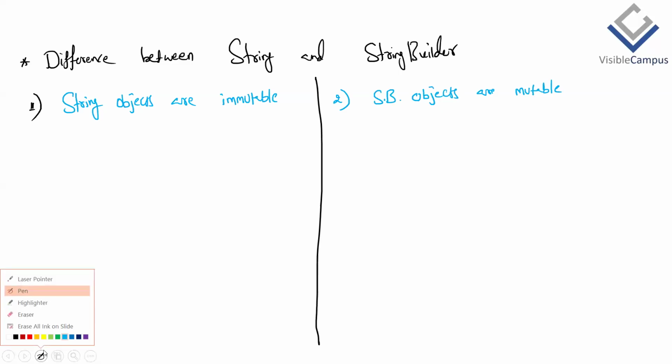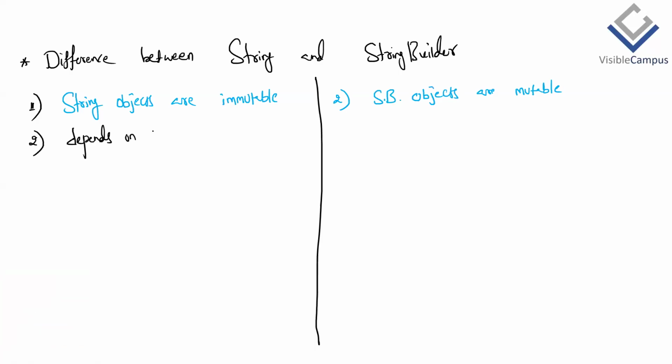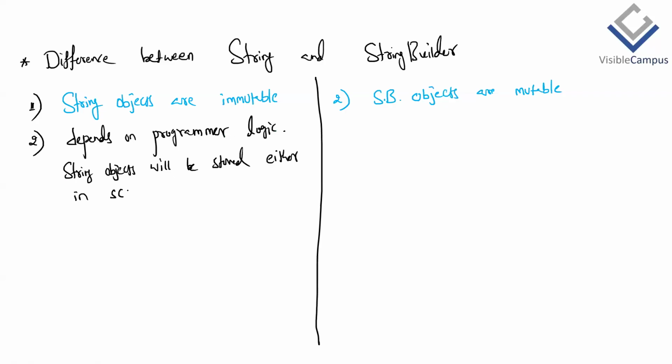The next difference: where will these objects be stored? For String, it depends on programmer logic, meaning with the new keyword or without the new keyword. String objects will be stored either in the string constant pool or heap memory.